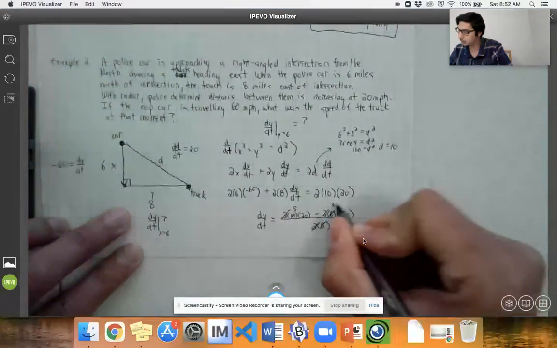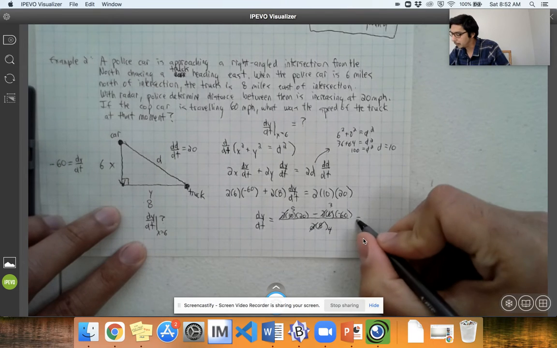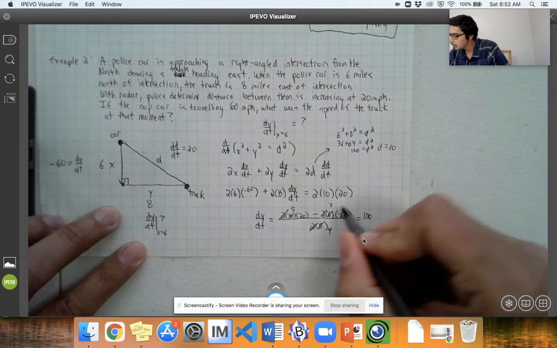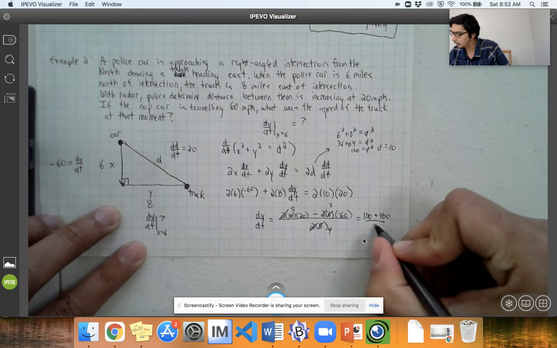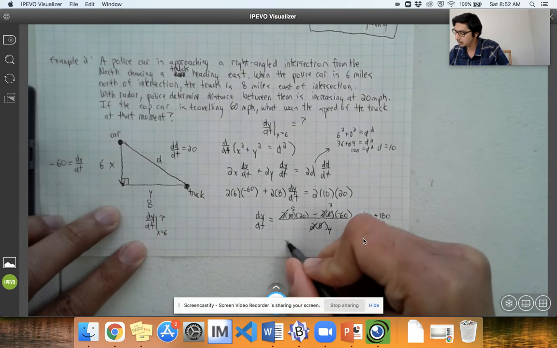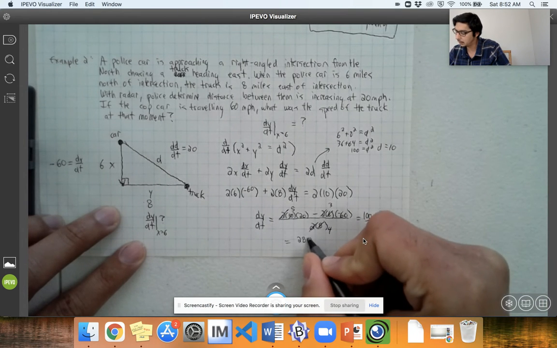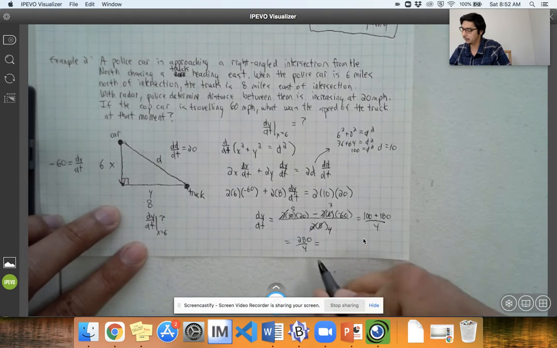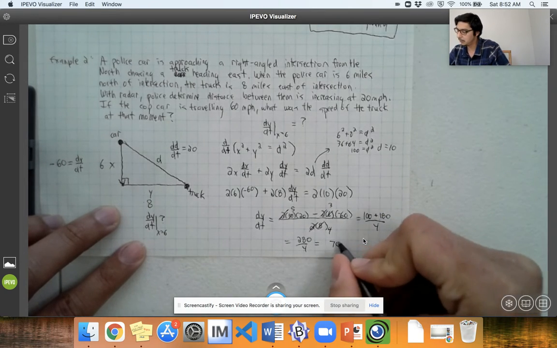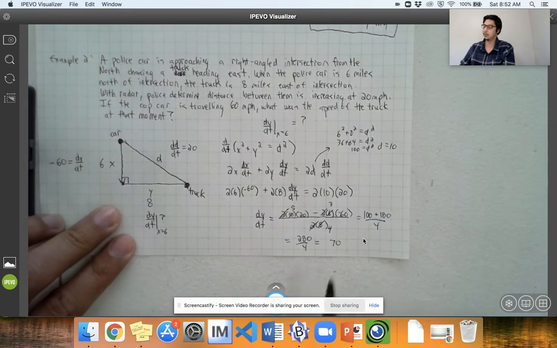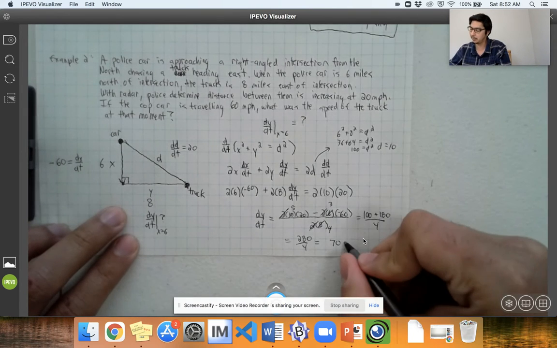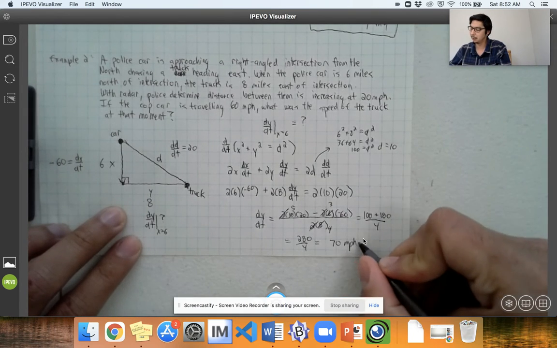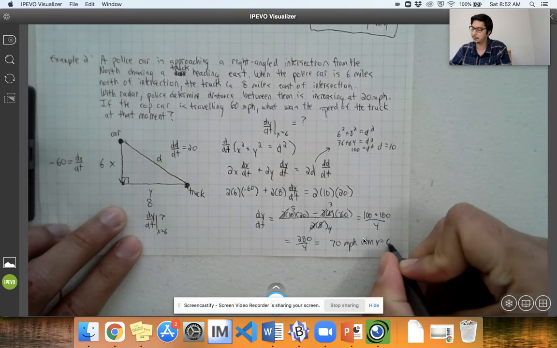That would make that a 3. And then I would end up having 100 plus 180 divided by 4, which gives me 280 divided by 4, which actually gives me 70. So that tells me that dy dt, the rate at which the truck was moving, was 70 miles per hour, when x was equal to 6.